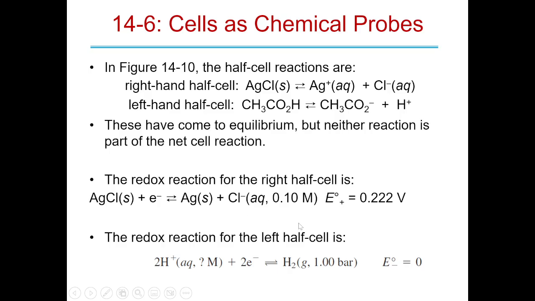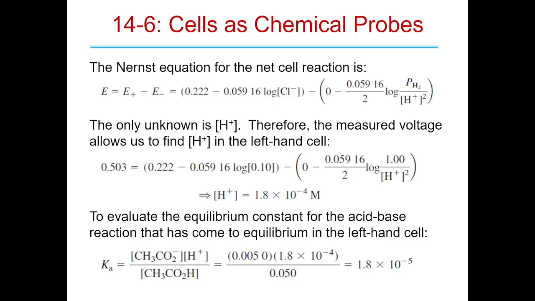Your redox reaction for the left-handed cell is this one right here, and that has a different voltage. That's 0 voltage, right? These having different voltages means that electricity will still pass from one to the other. Okay? Is that making sense? You're looking for your overall equilibrium to come to 0, your overall E to come to 0.